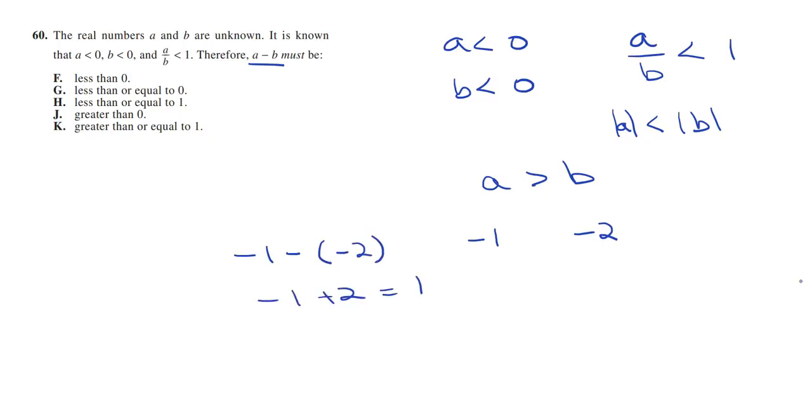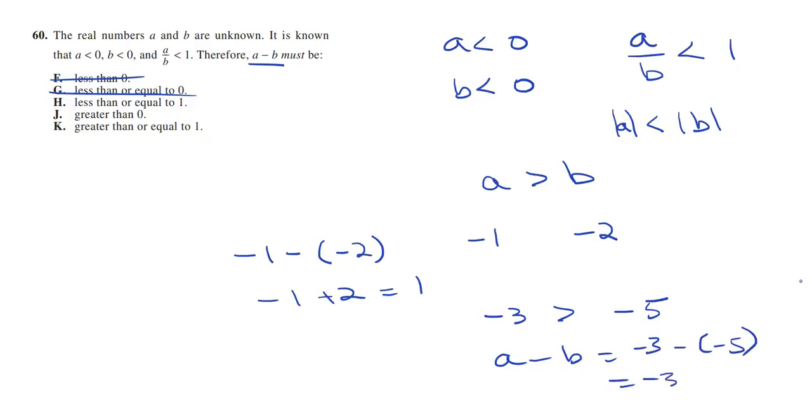So let's use this to see if we can eliminate some answer choices. Less than 0, no. Less than or equal to 0, no. Less than or equal to 1, potentially. Greater than 0, potentially. Greater than or equal to 1, potentially. So let's try another number. Let's go -3 greater than -5. So A minus B is -3 minus -5, which is -3 plus 5, and this is 2.